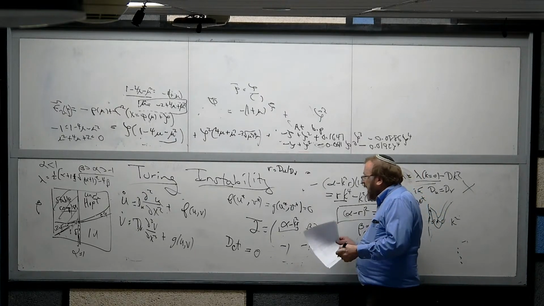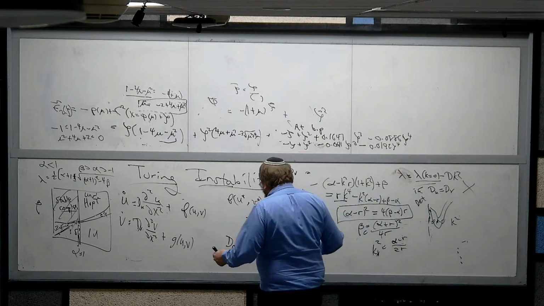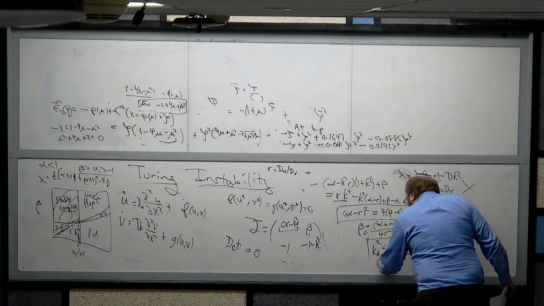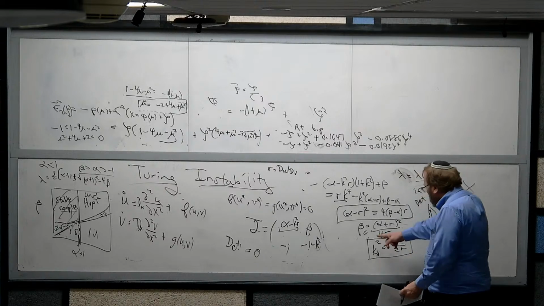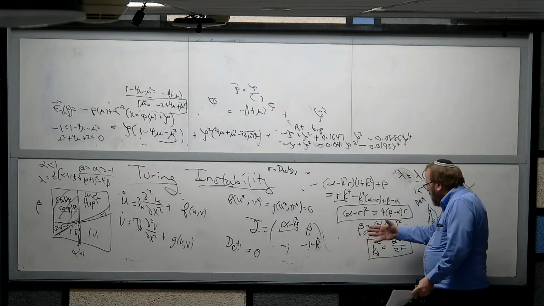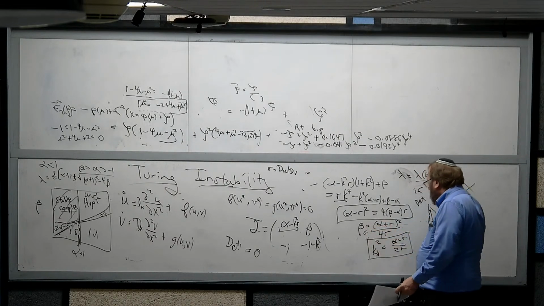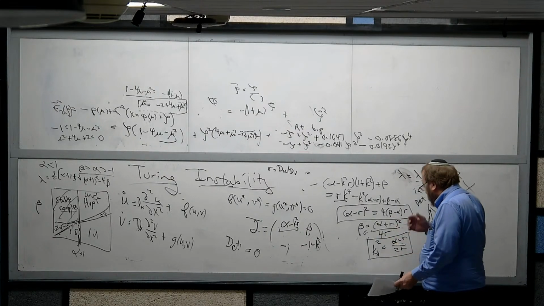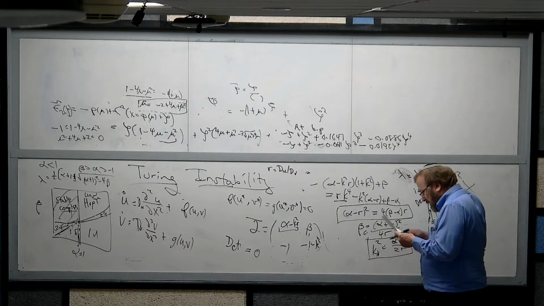Right? And if that happens, then in fact you have an instability. So if R is sufficiently small, if beta is sufficiently big, then you can have an instability. What is the condition now on alpha?